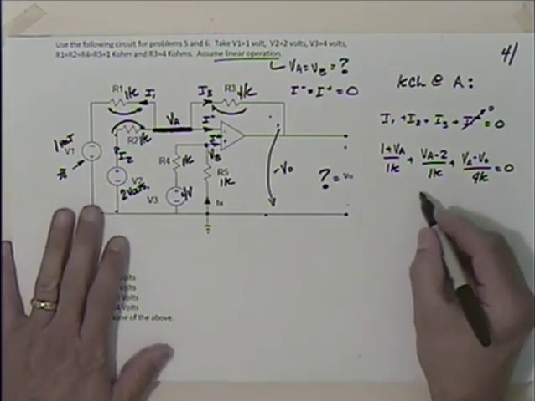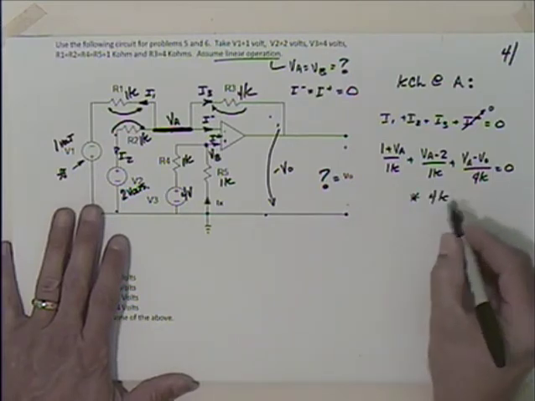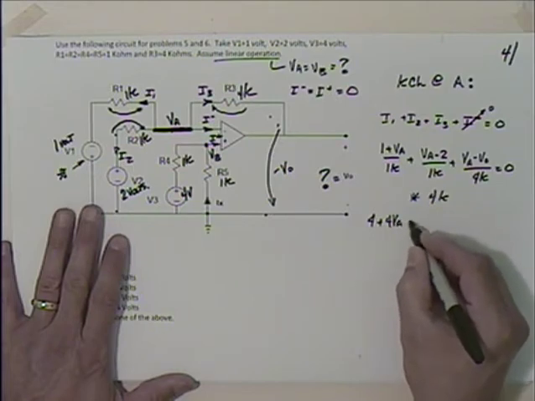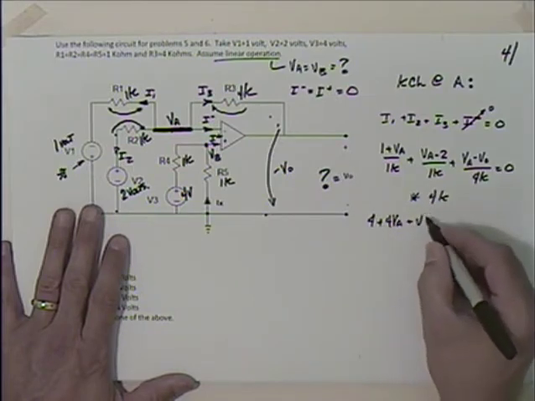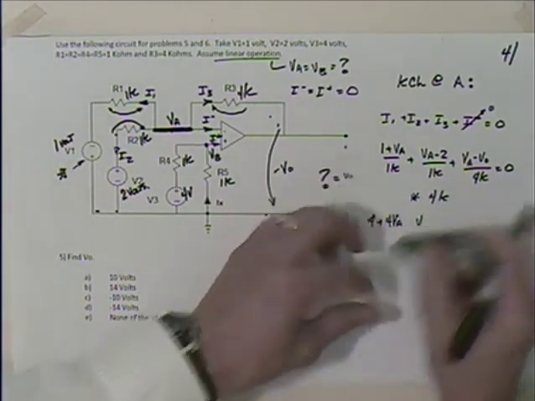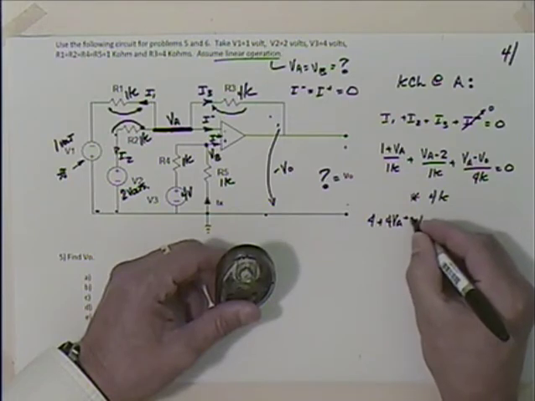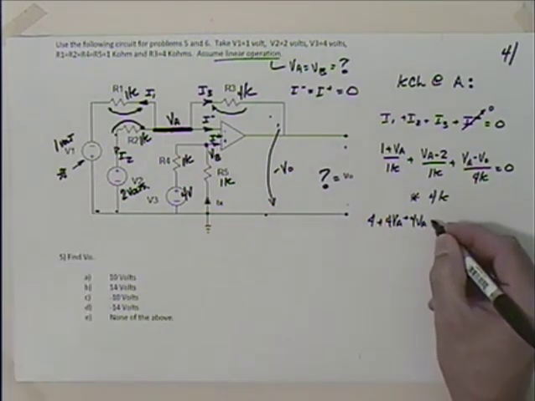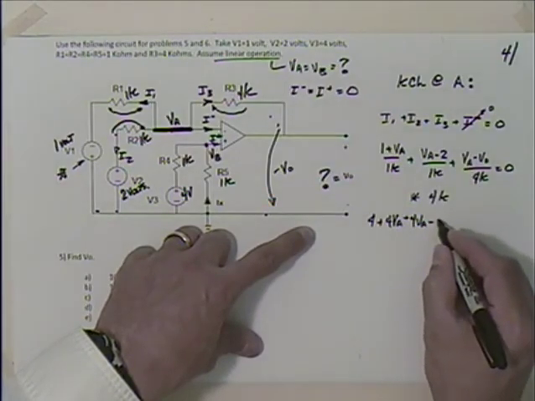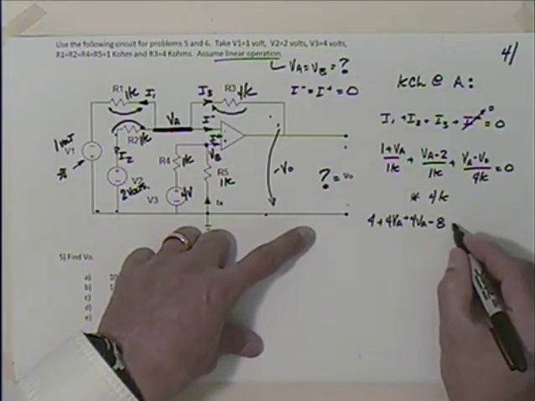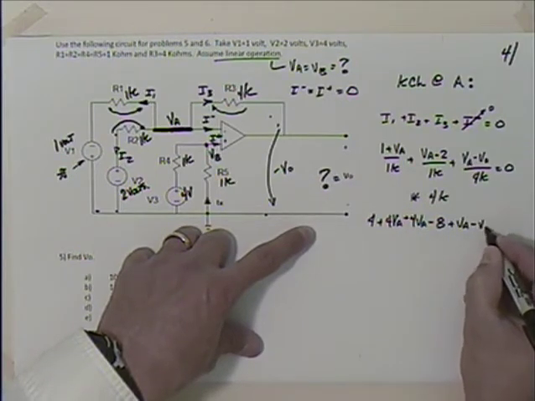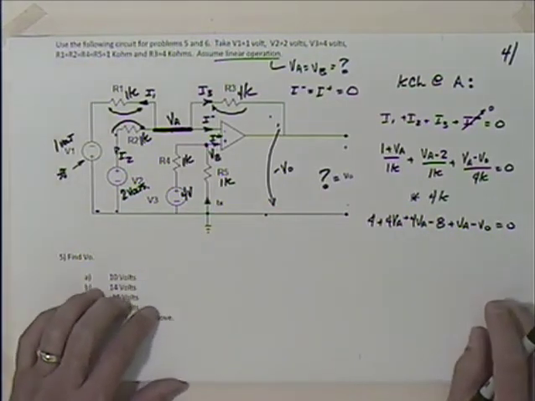So if I multiply everything by 4K, I get 4 plus 4 VA plus 4 VA minus 8 plus VA minus V naught is equal to 0.